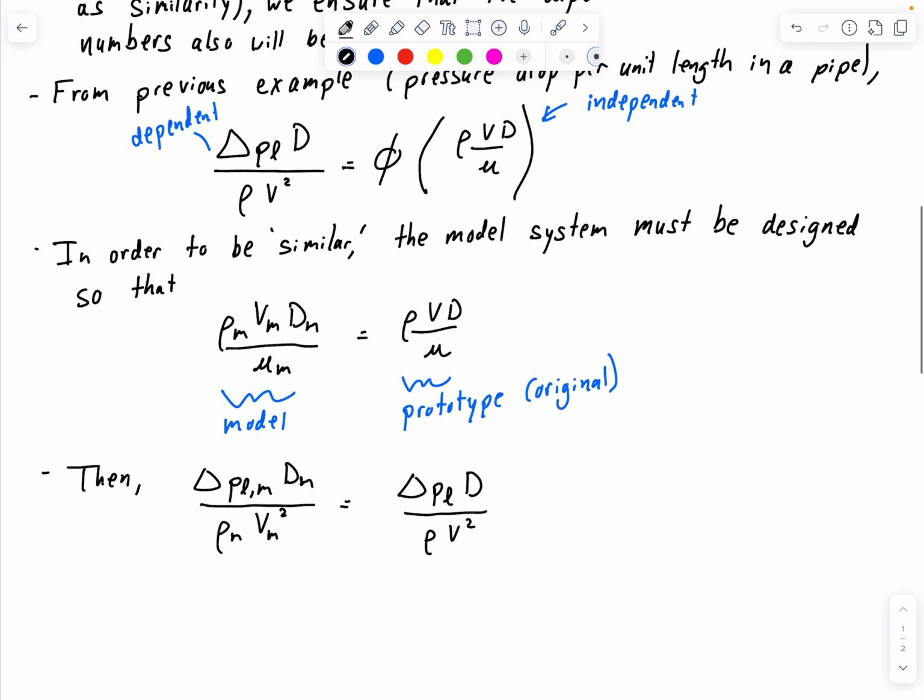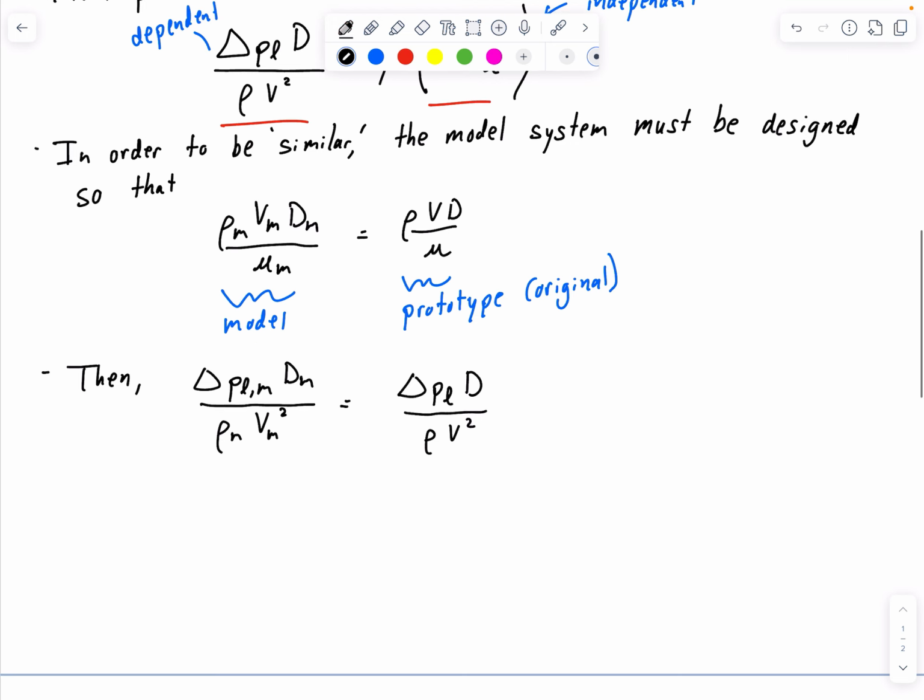So basically, if we can make sure that the independent dimensionless groups are the same for both our model and for our prototype, then that will ensure that the dependent variables or the dependent pi groups are the same as well.